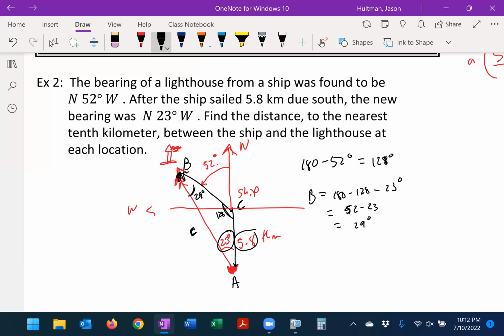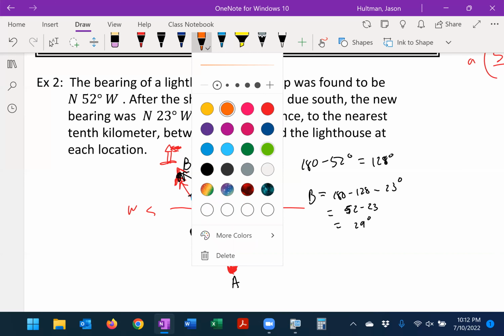So now I can use the law of sines. Let me do this in a different color. Maybe light blue. I have an angle opposite a side. And let's make this light green.